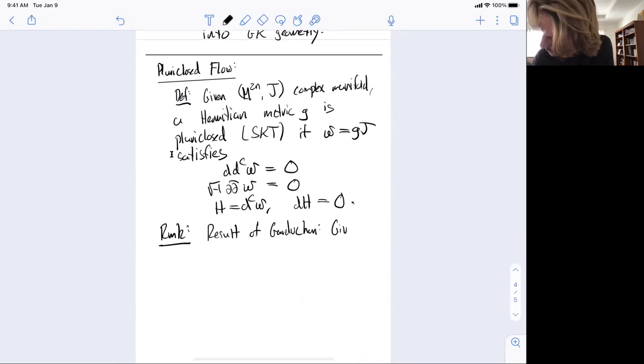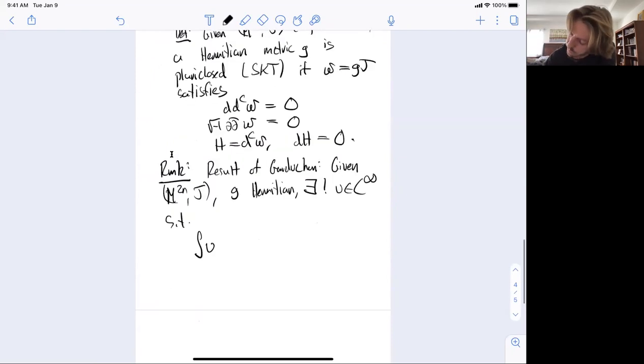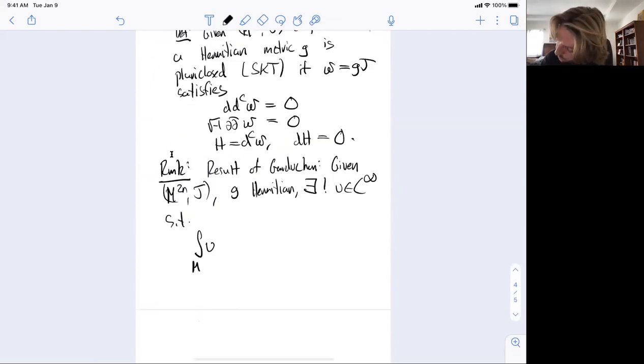So given M, a complex manifold, and G Hermitian, there exists a unique smooth function u such that, I have to normalize, so the integral over M of u dV is 0.